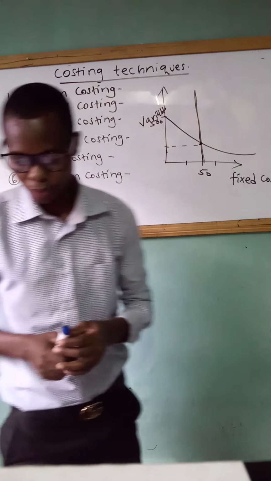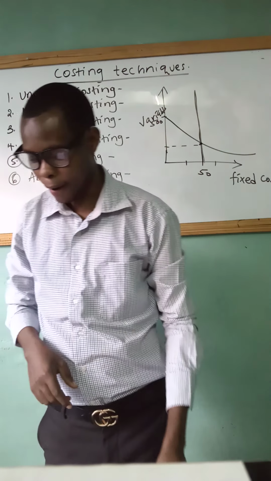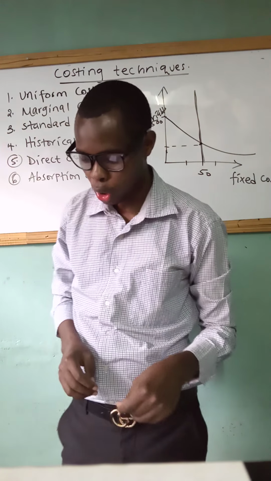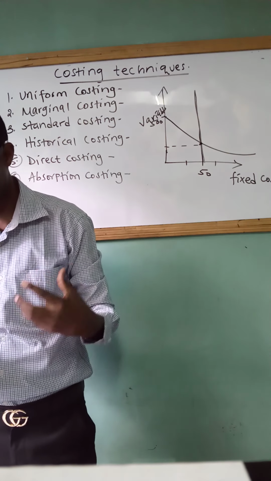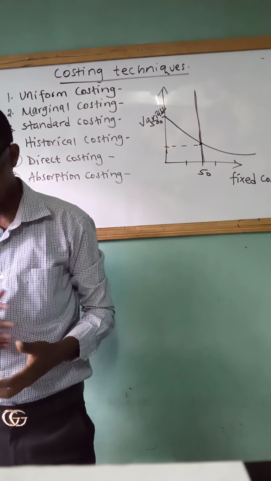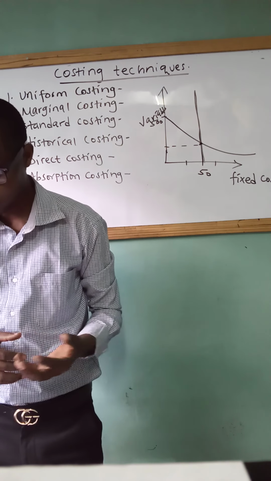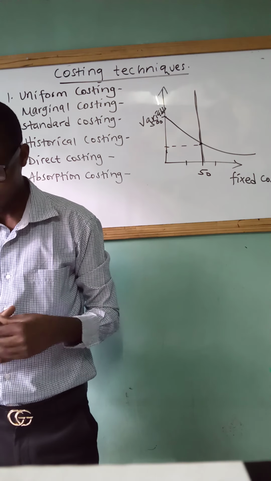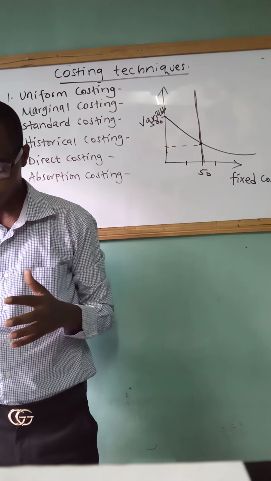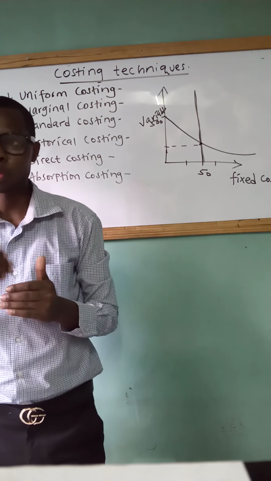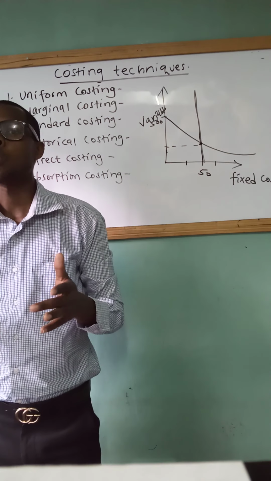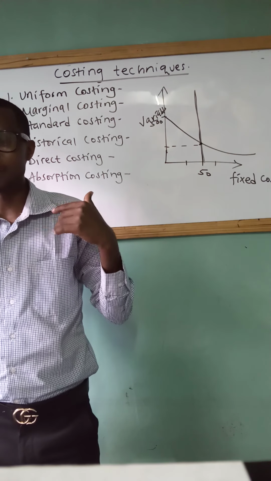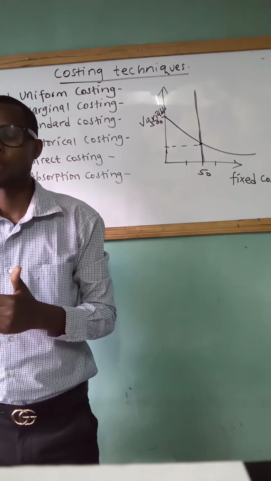Standard costing. This is where a comparison is made of the actual cost with the pre-arranged standard cost, and any deviation or variances are analyzed. Okay? So we try to carry out comparisons, comparing what happened yesterday and what happened today.